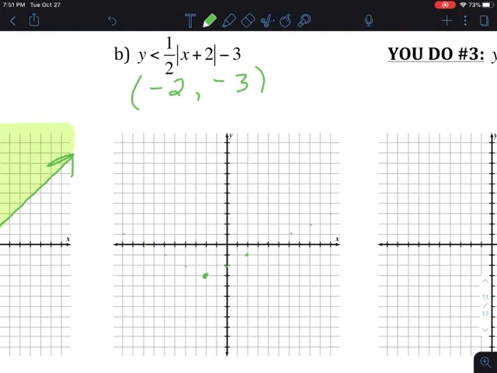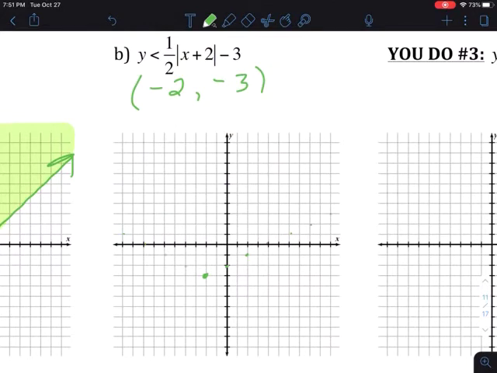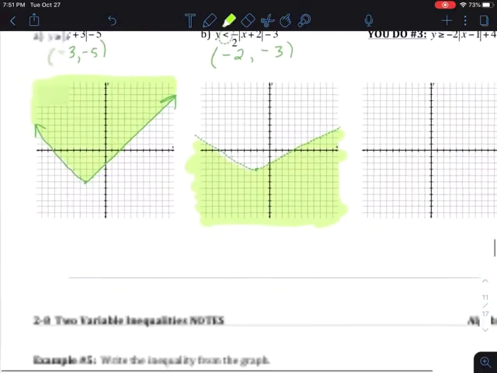Now, this line is going to be a dashed line. There is no underline, it's just a less than. And then for the shading, it's less than, so that's going to be below this V. And done.